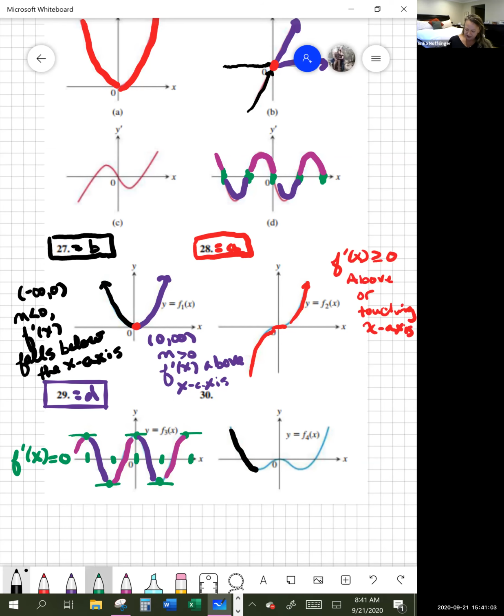And then we have a max, so it's going to be a horizontal slope here, which means it's going to be an x-intercept. This was decreasing until we hit that x-intercept. So it had to be below the x-axis.